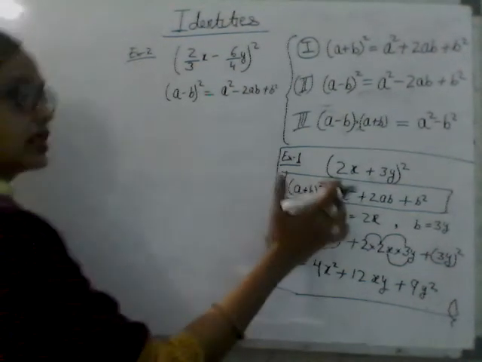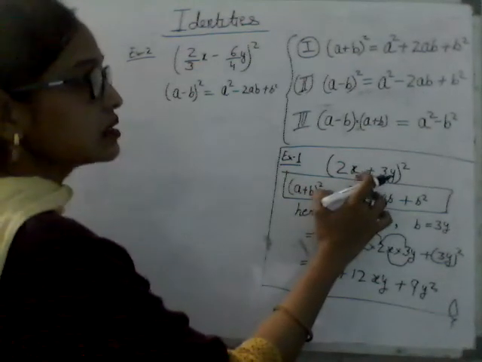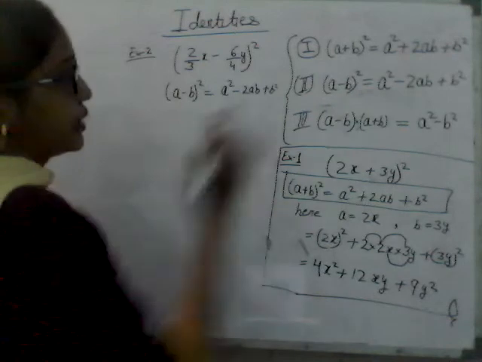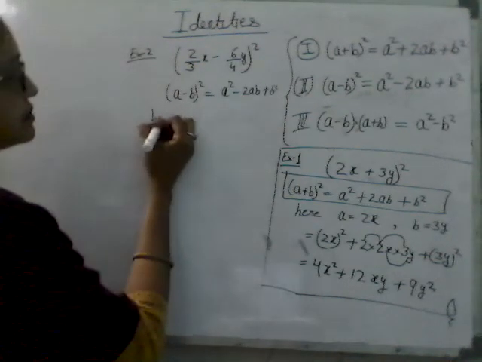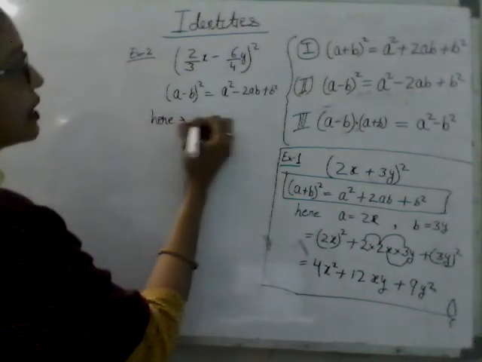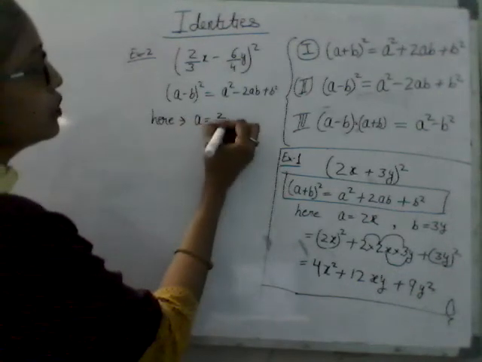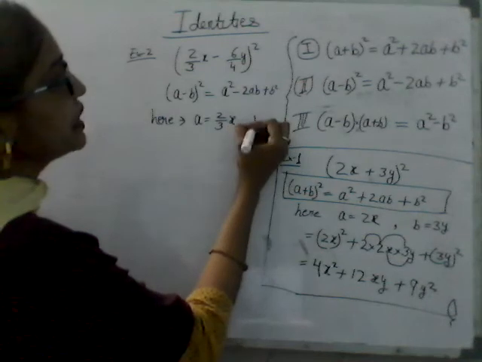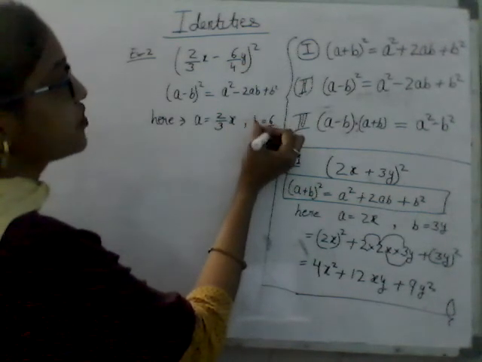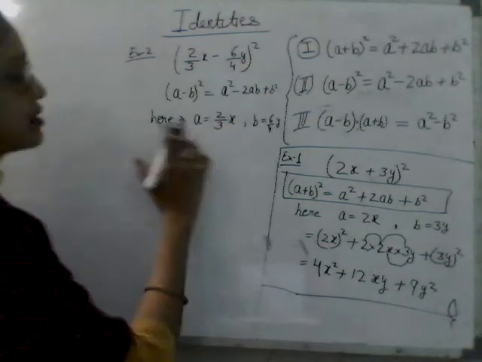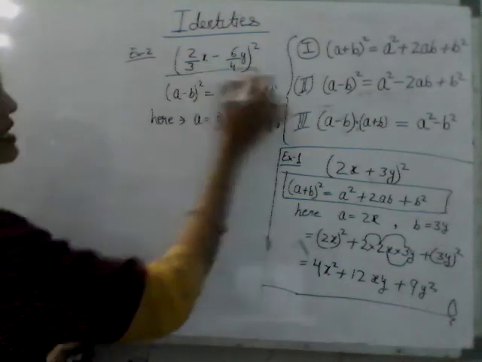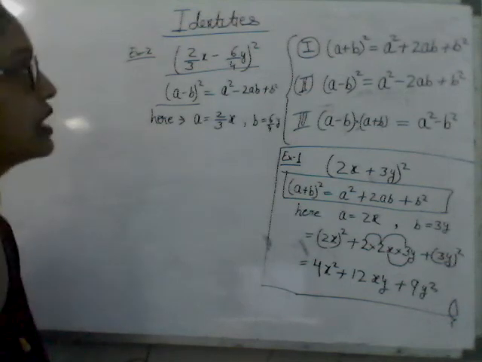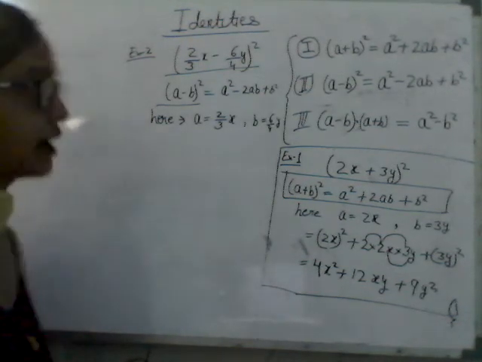If the example has plus, we use the first identity. If it has minus, then we use the second identity. By comparison, a equals 2 upon 3x and b equals 6 upon 4y.